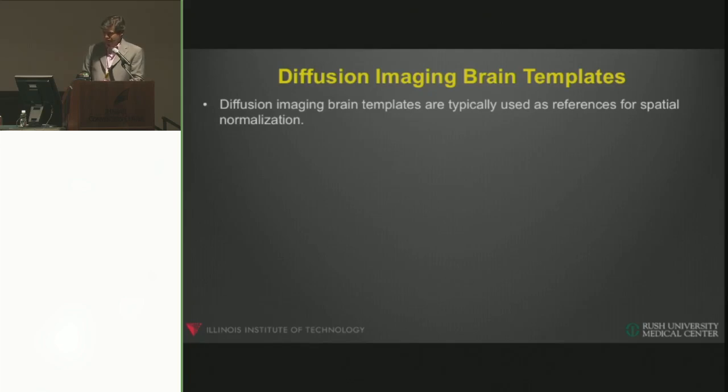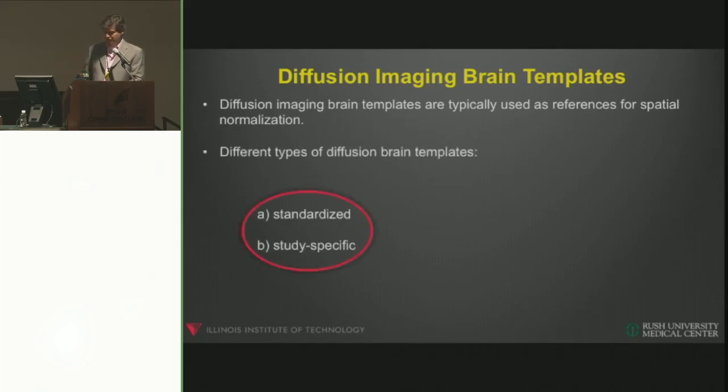The next factor that affects the accuracy of spatial normalization is brain templates. Diffusion imaging brain templates are used as references for spatial normalization. We have different types of diffusion brain templates. We have the standardized templates that are built once and are used in multiple studies, and we have the study-specific ones that, as the name says, are built specifically for the study.